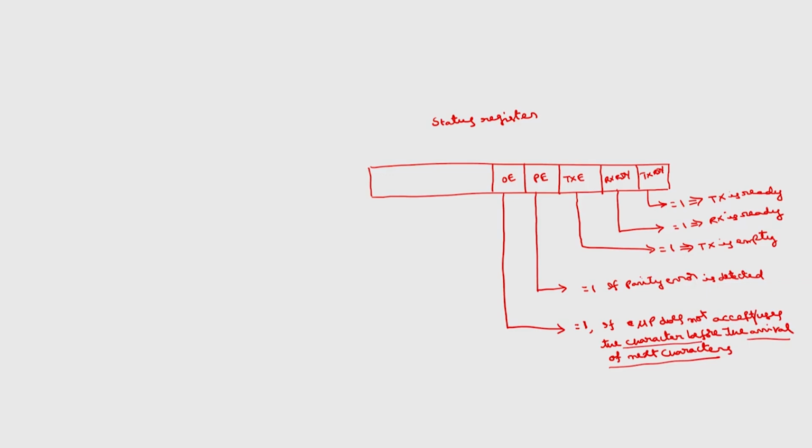This particular bit will be 1. Then we have framing error. This is equal to 1 if the stop bit is not identified.